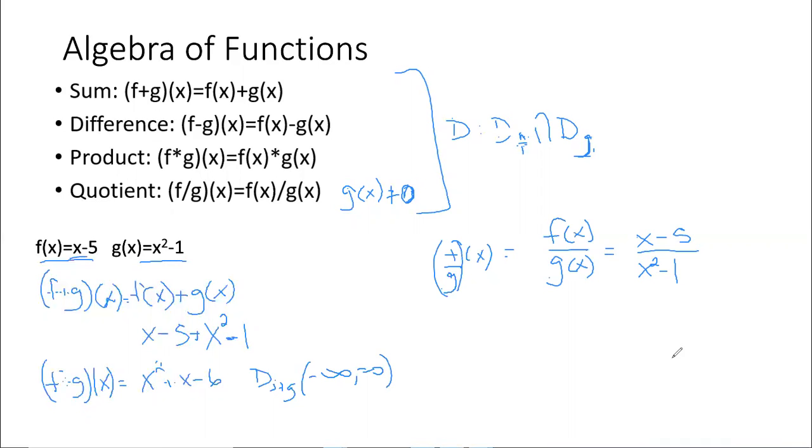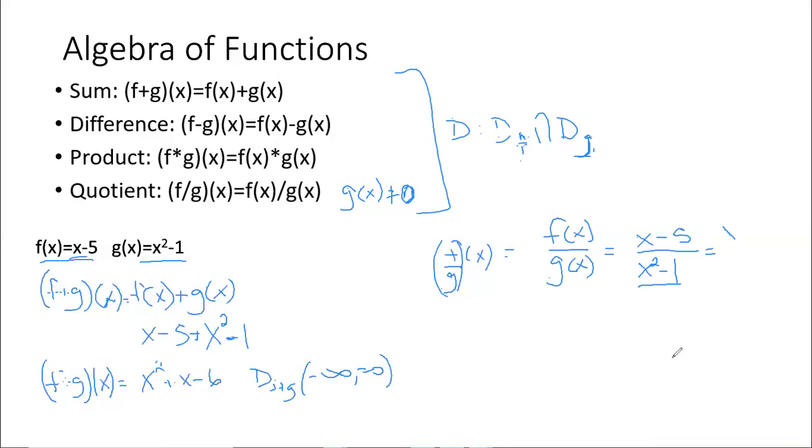To find the domain of this, again, it's where the domain of f intersects the domain of g. And what we said from the sum function is that that's all real numbers. But we also have to exclude where g of x is equal to 0.